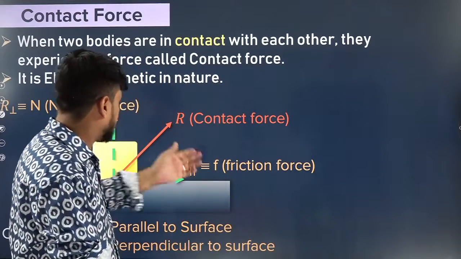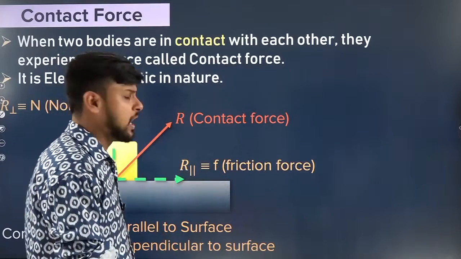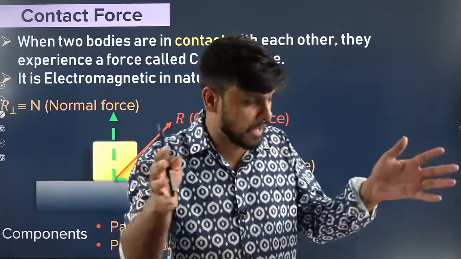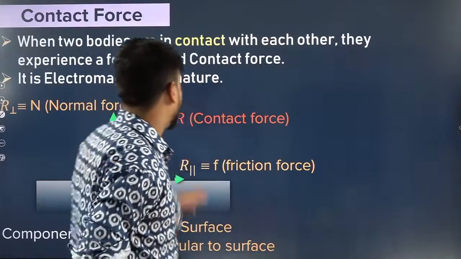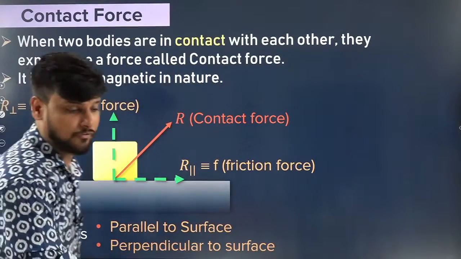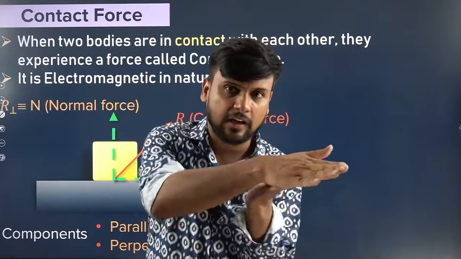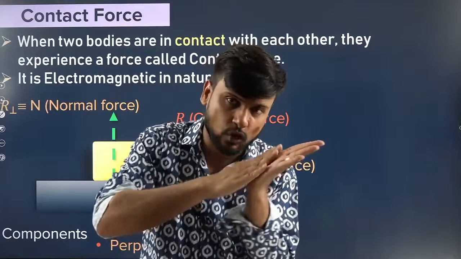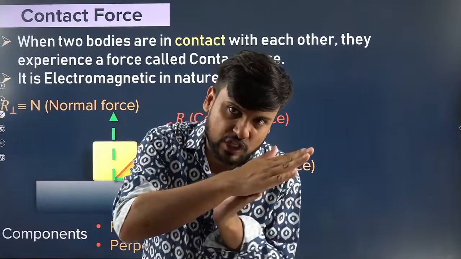So normal force and your frictional force are contact forces, and if I take them combined, we name it as a contact force for this particular surface. If I rub this, then during this I am having 2 forces. One is normal force and one is friction force.